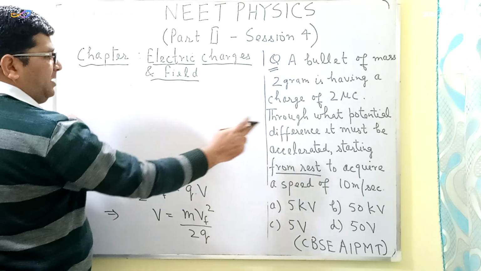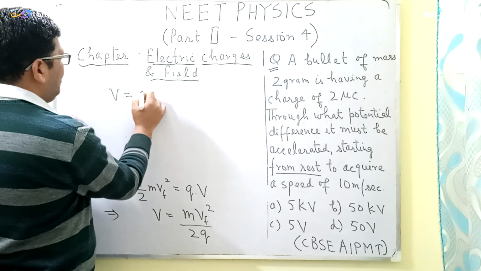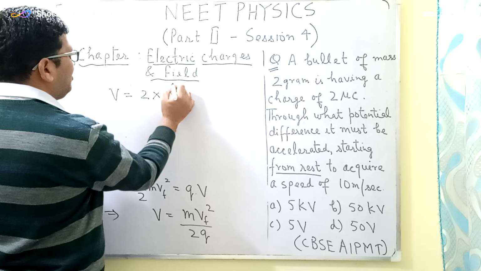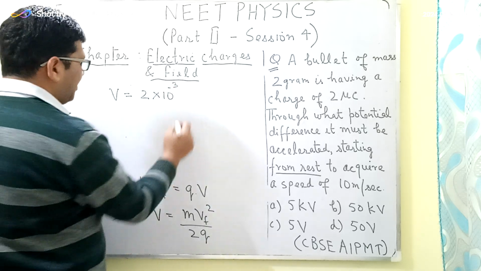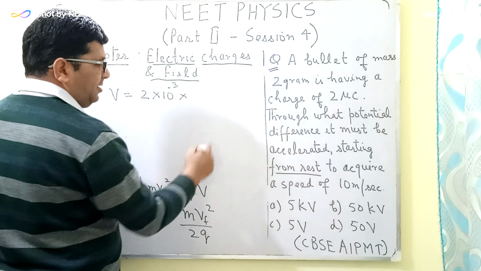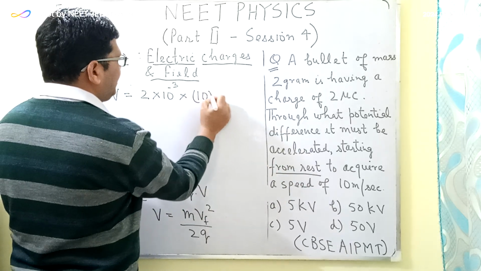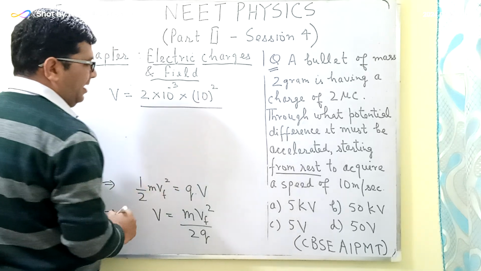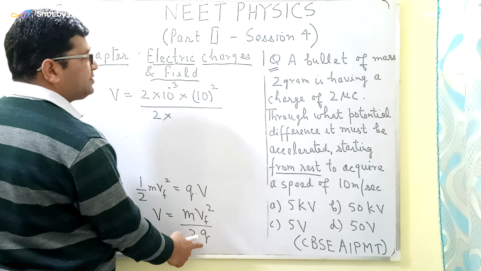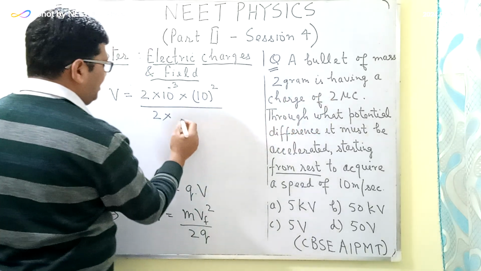So the potential difference will be equal to, now mass is 2 grams, so I will convert it into kg. This is 2 into 10 to the power minus 3. The final velocity is 10 meter per second, so this is 10 squared, divided by 2 into Q. Now Q is the charge on this bullet, which is 2 microcoulomb, so I will convert this into coulomb.